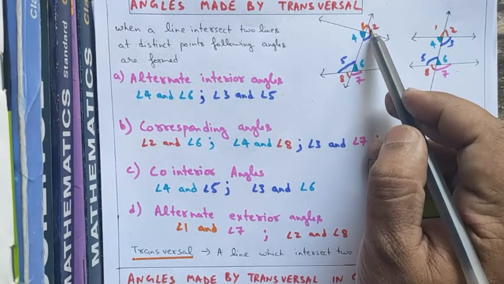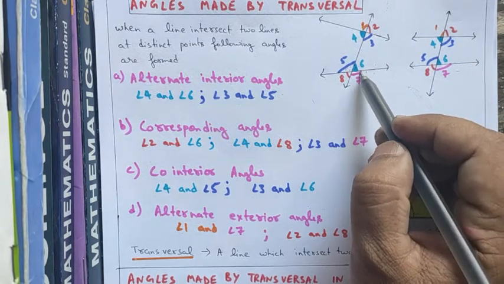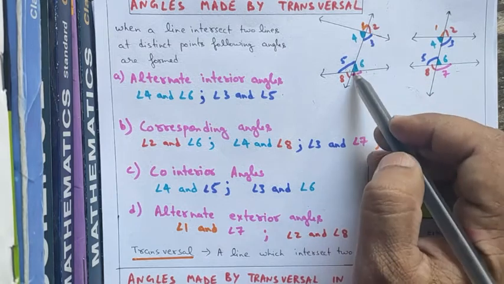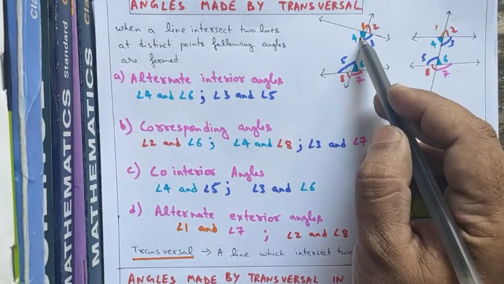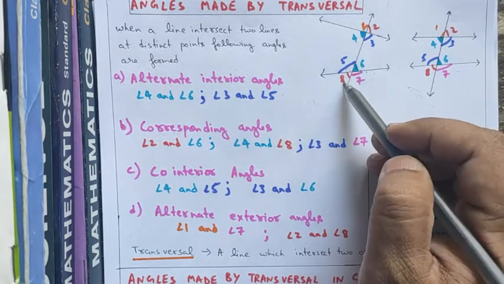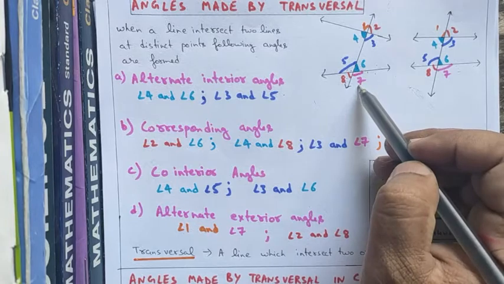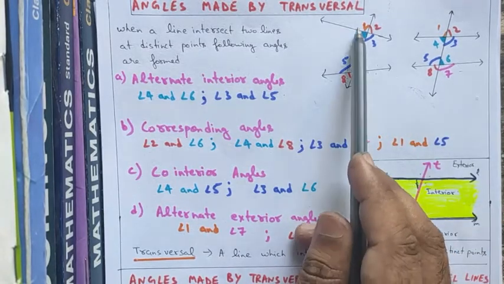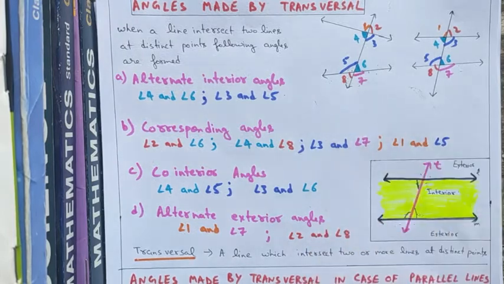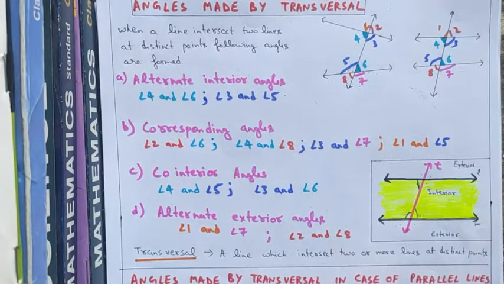This is angle 2, made by the first line with the transversal. This is angle 6, made by the second line with the transversal. They are called corresponding angles. Similarly, angle 4 and angle 8 are another pair of corresponding angles. Angle 3 and angle 7 is the third pair. Angle 1 and angle 5 is the fourth pair. So there are four different pairs of corresponding angles.